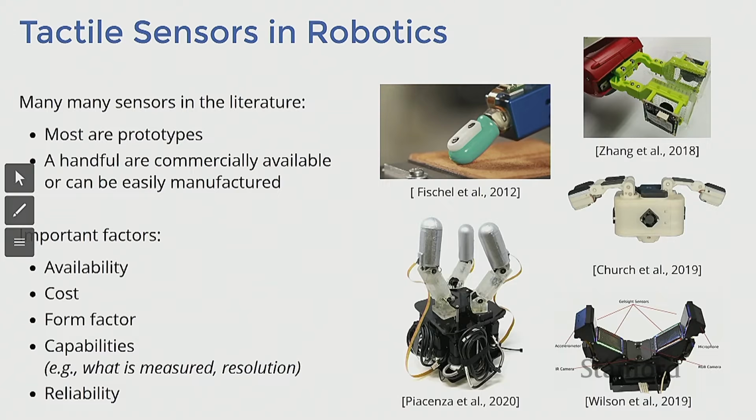Form factor. You might want to have a sensor that is flat and looks like skin, or you might want to have sensors that are more like fingertips, or anywhere in between. And this form factor very often plays an important role in the specific applications that you might care about. Finally, capabilities. What is this tactile sensor measuring? What are the types of output that you will get out of this sensor?